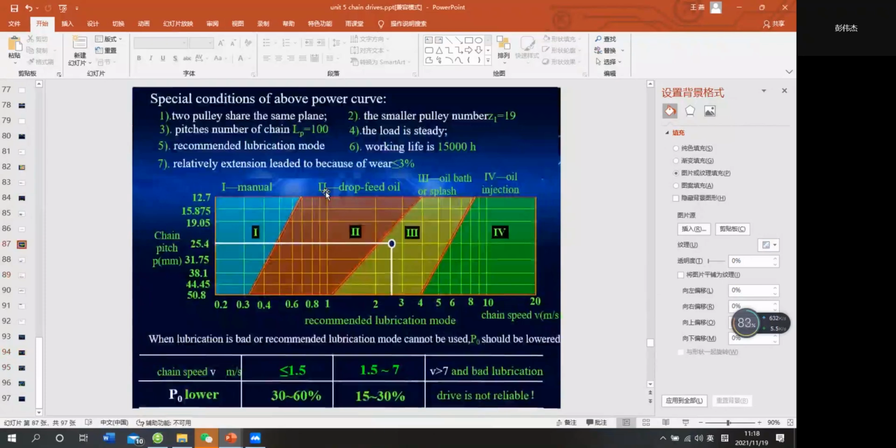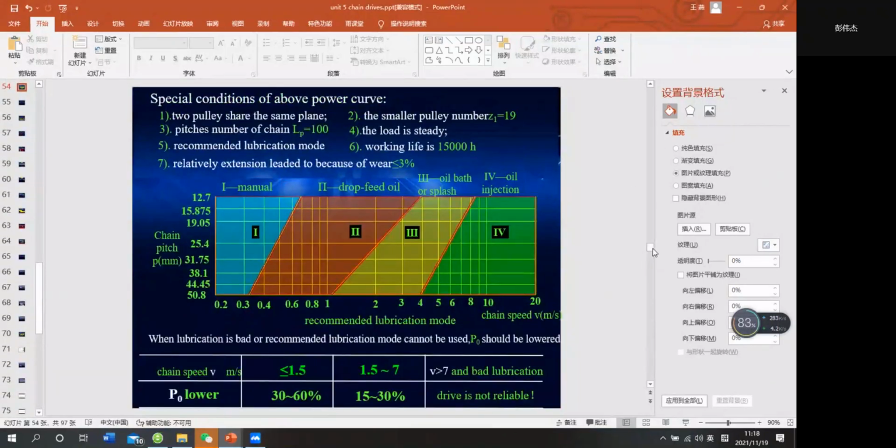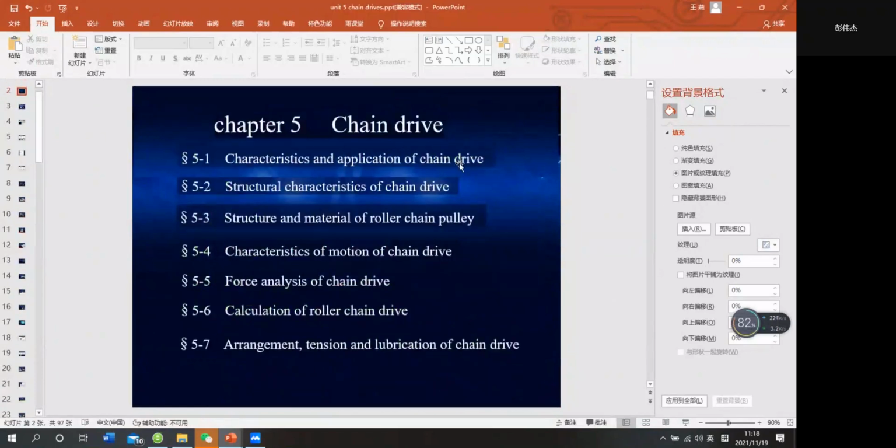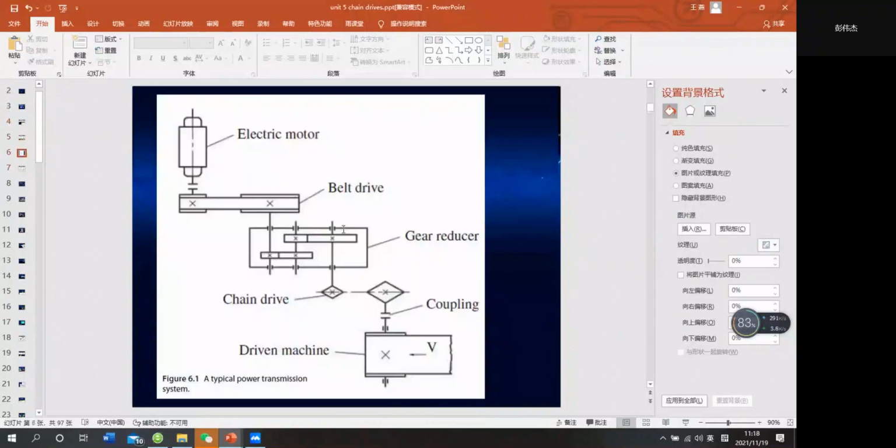Okay, let's review this class. First, you should master the difference between belt drive and chain drive. And this is the typical power transmission system.